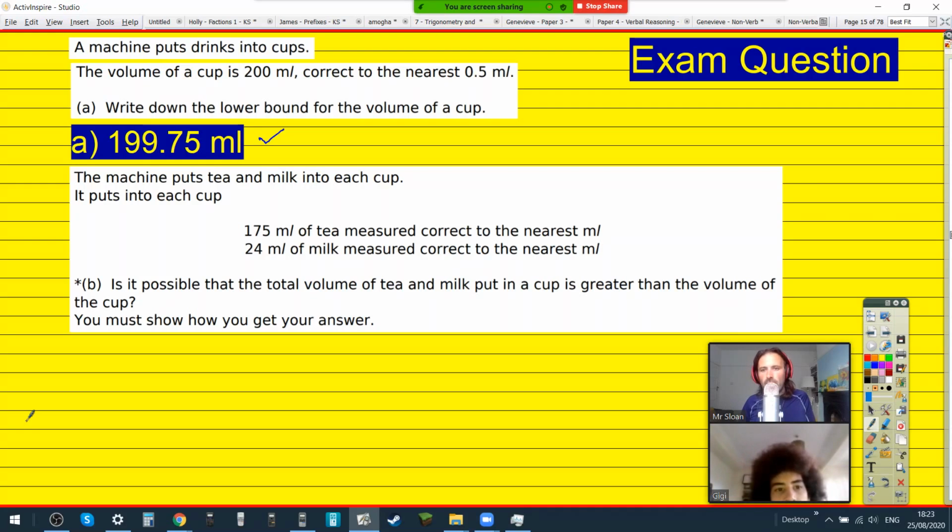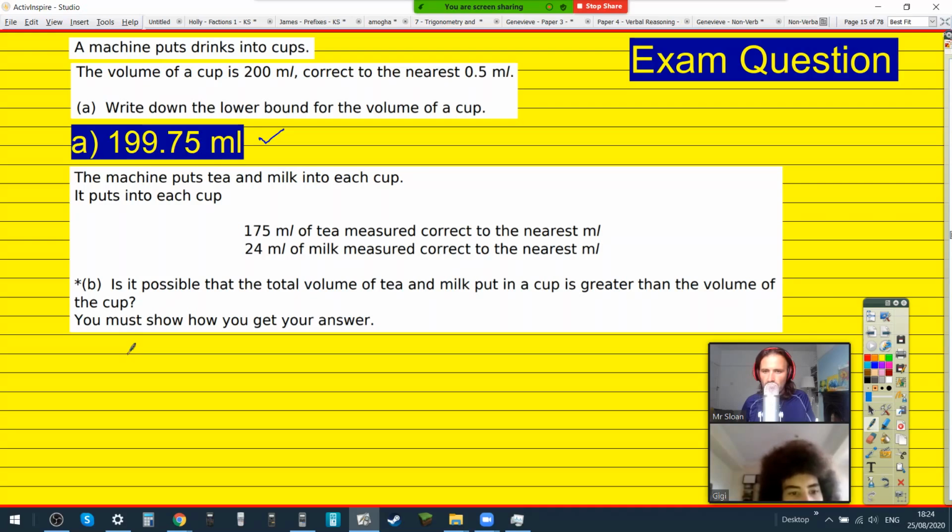So what should I find? Should I find out the higher bound? See if it's over. Try that. All right. So the higher bound for 24 would be 24.5. The higher bound for 175 would be 175.5.